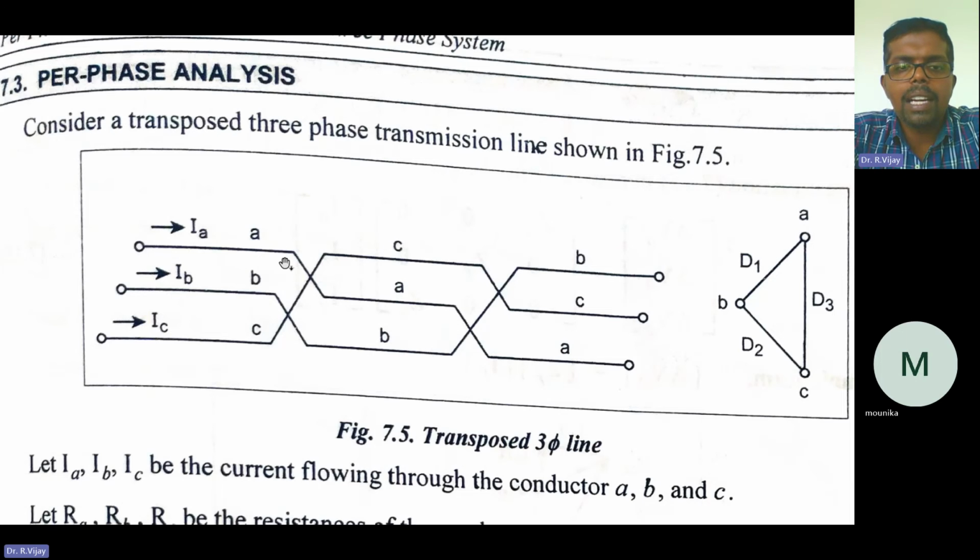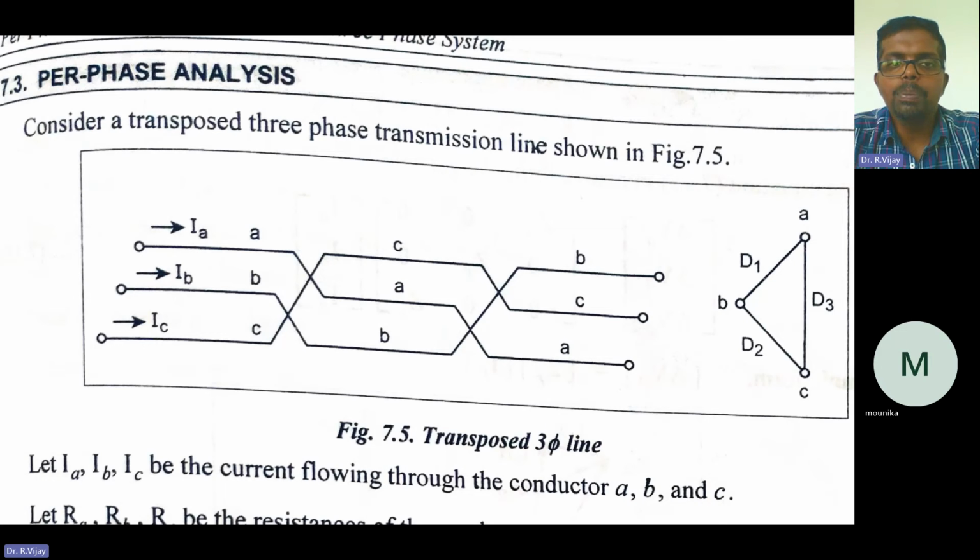So it is traveling for some distance, again traveling the next distance, and again it moves on to this particular line, having the distance of A. That is a single one phase.